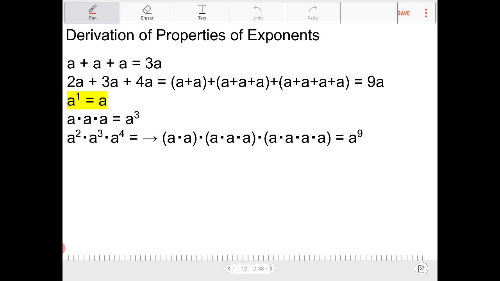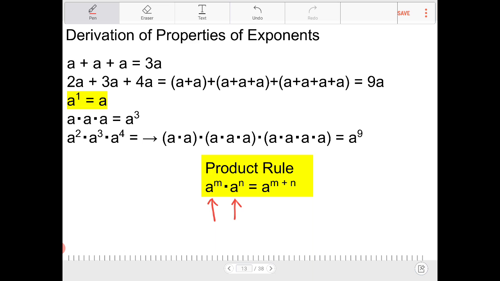This is the product rule. This is the product rule for exponential expressions. So again, one more time, if you have a to a power and a to a power, which is the same base, and you're multiplying the two things together, you would add the exponents together.